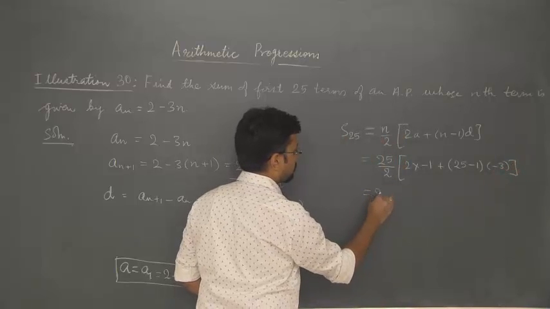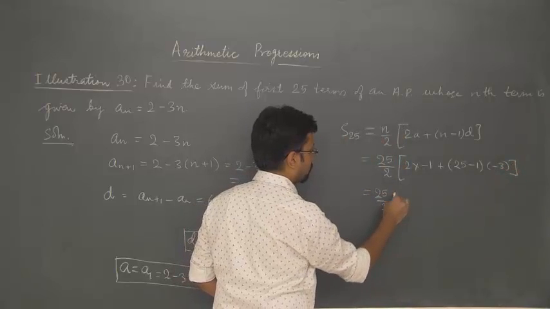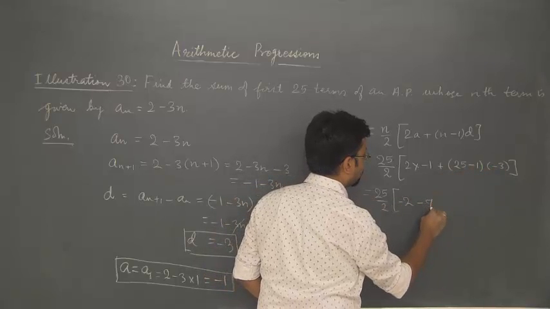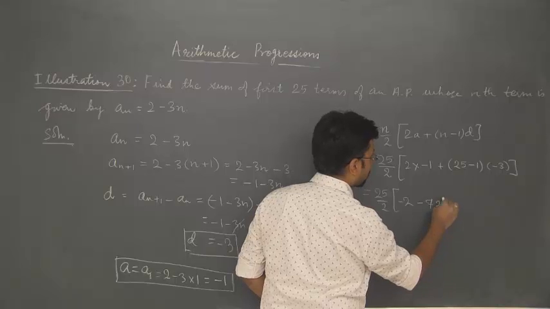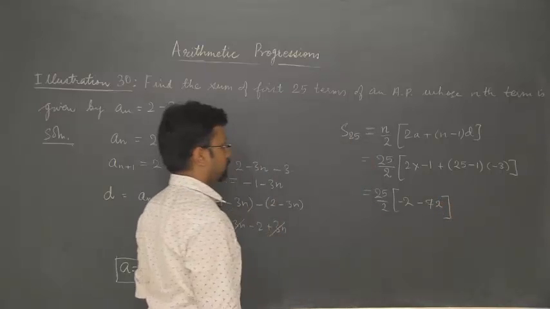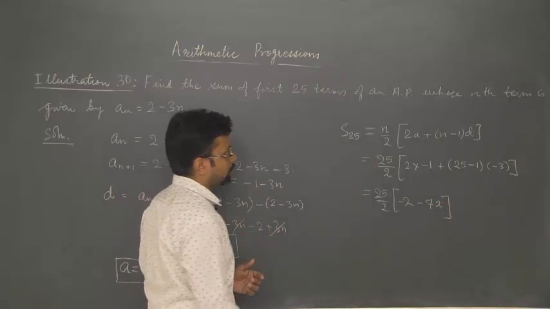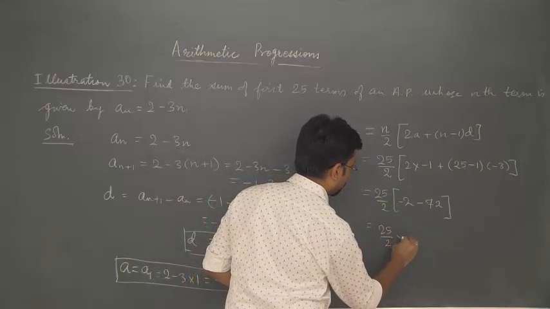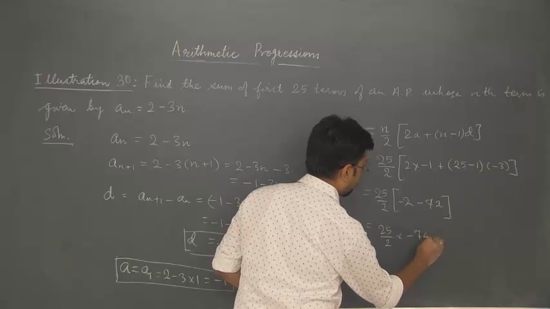What do we get? 25 by 2 into minus 2. 24 into 3 is 72. So minus 72 we get and minus 2 here. So we have 25 by 2 into minus 74.